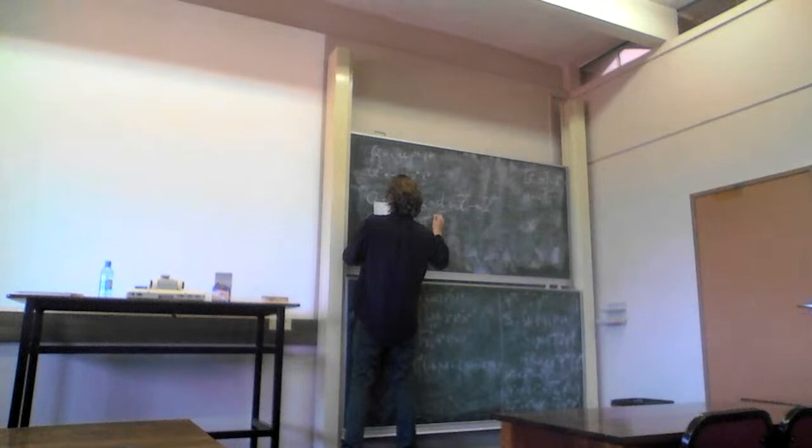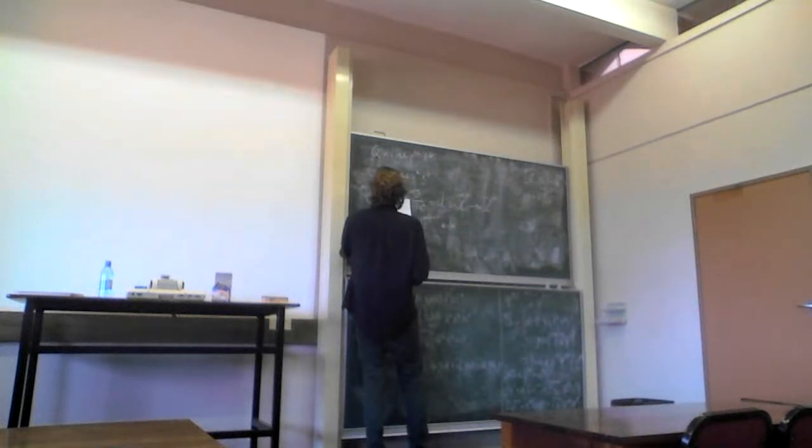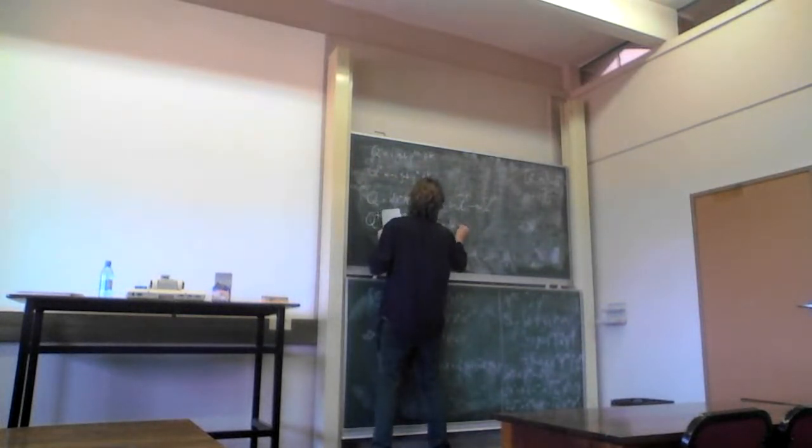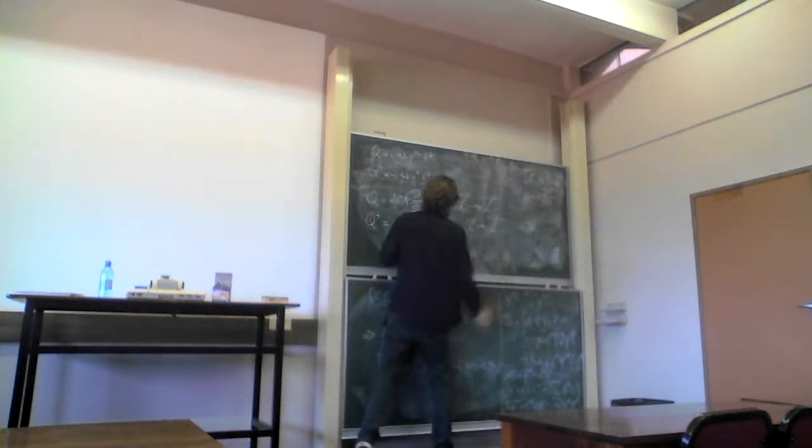It's (-1)^(n(p+1)+1) star d star. And this you can check: it maps p-forms to p minus 1 forms.